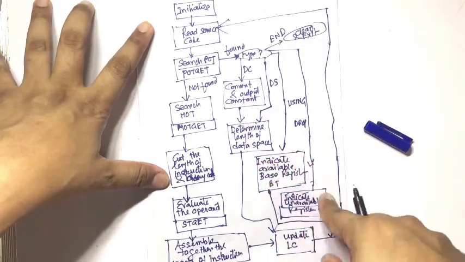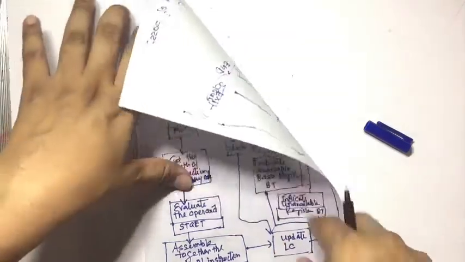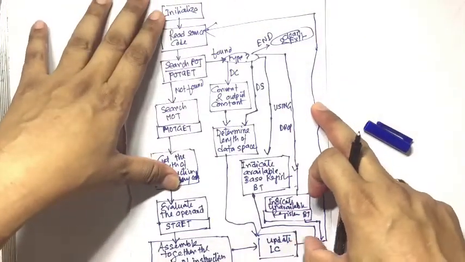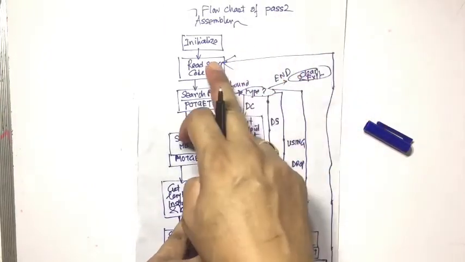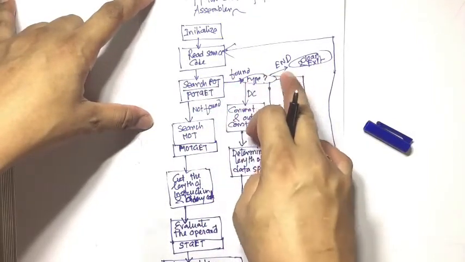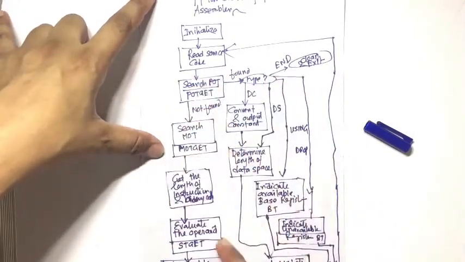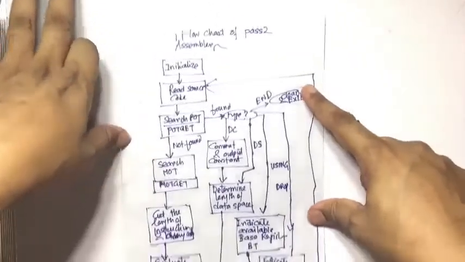After the unavailable base register, it goes to the next step after the LC, and when LC is done, it goes to the next line of the source code. This process will continue until the type is found END, otherwise it will execute this way. So this is pass2 of assembler.